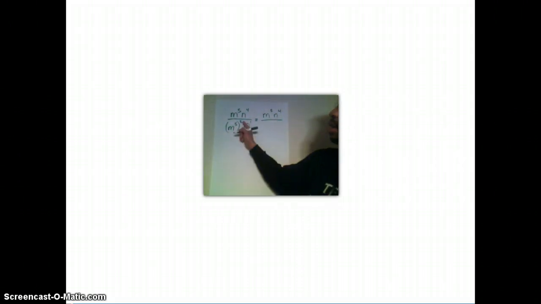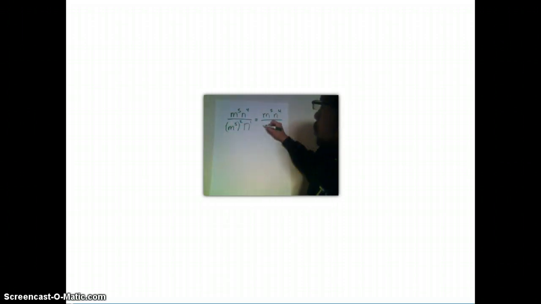M to the 5th, quantity squared, I'm going to multiply the two together, right? 5 times 2 gets me m to the 10th power, and then I keep my n to the 1st. Now that the top and the bottom are simplified, I begin to use the division property of exponents. So I'm going to go m to the 5th minus 10, and then n to the 4th minus 1.